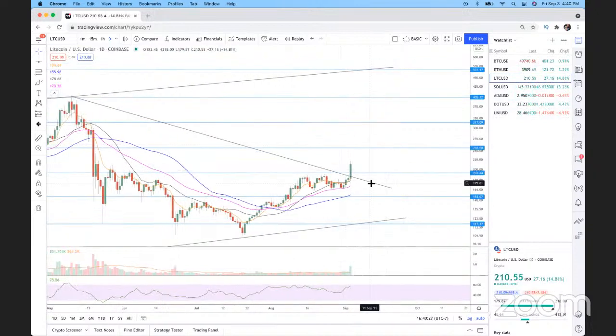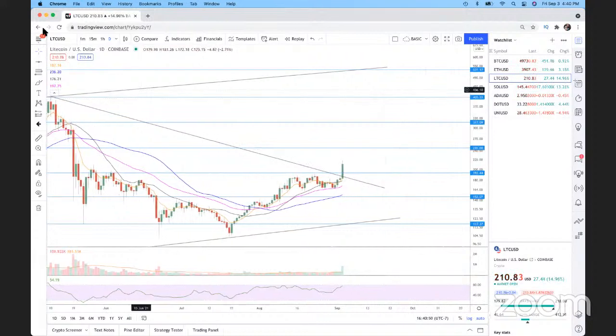So this is a fresh breakout, and my first resistance will be near 233, this high, and 247. 247 is the actual target I'm looking for. And then eventually 281, 282, 317, 360, and 405. Those are my targets for Litecoin.